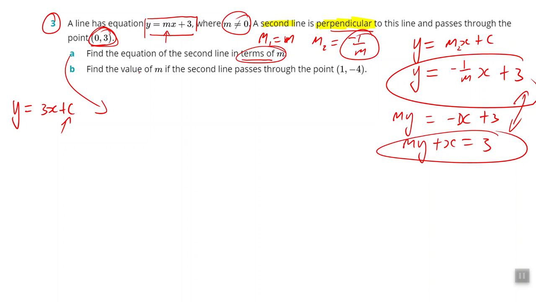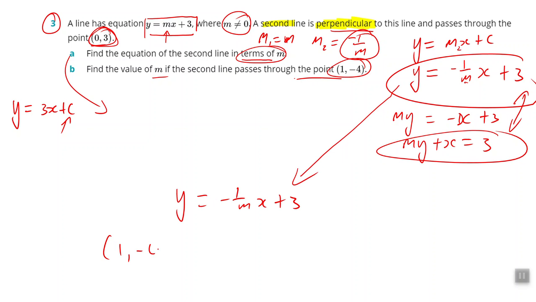Now B is: find the value of m if the second line passes through (1, -4). Given that we already know a point, I can actually solve for m. I can drag this equation across. We've got y equals -1 on m x plus 3. I know it passes through the point (1, -4), so I just solve it.